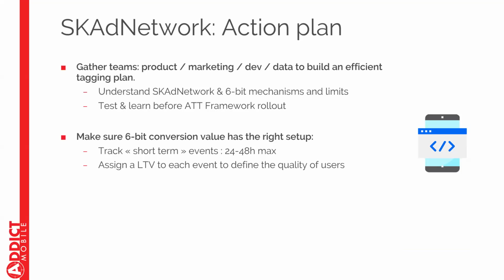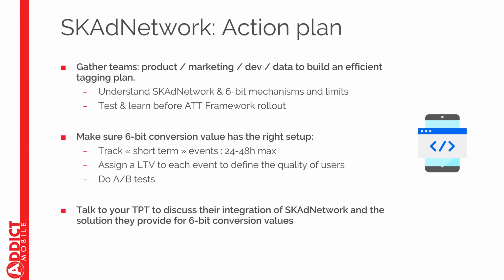Assign a lifetime value, or a quality I would say, to those events to define those users. That way you can A/B test your setup and see what's the best setup that provides good data to optimize your campaigns. So it's a lot of test and learn at the moment, and you have a small window to do this. And talk to your third-party tracker to discuss the integration of SKAdNetwork and the solution they provide for 6-bit conversion values.